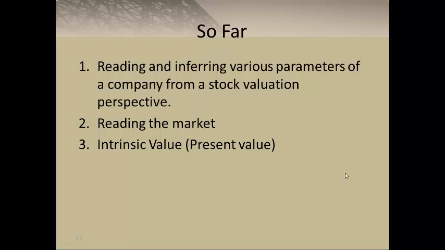For example, if we sold the stock after period 1 at a price P, received a dividend D, then with a rate of discounting R, the intrinsic value would be P plus D divided by 1 plus R to the power 1. Then we also saw what is the expected return on the stock. Essentially, return is the selling price minus the purchase price plus dividend divided by the purchase price times 100.